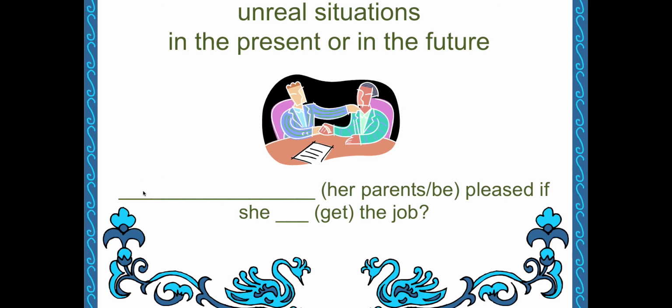Entonces, ¿qué vas a arrancar? Porque como es pregunta, vas a arrancar con would. Entonces, would y luego el sujeto. Would her parents. Y luego el verbo normal. Por eso would her. Y ya. Would her parents be pleased if she got the job?